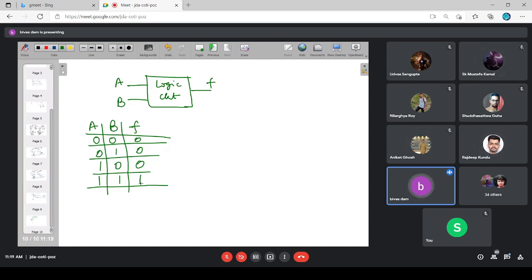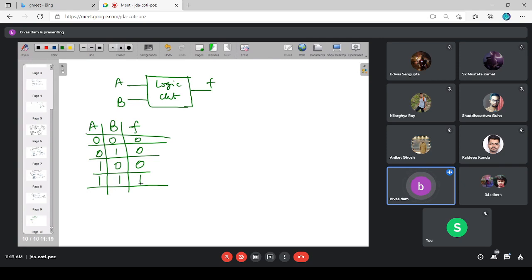So as input variables, instead of logic values 0 and 1, physically I am actually concerned about applying high voltage levels and low voltage levels at A and B inputs.